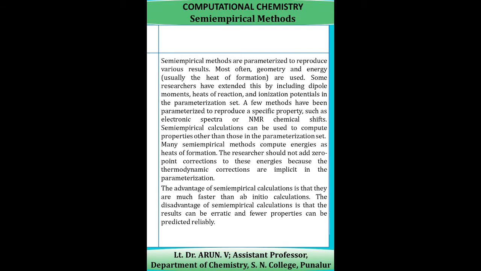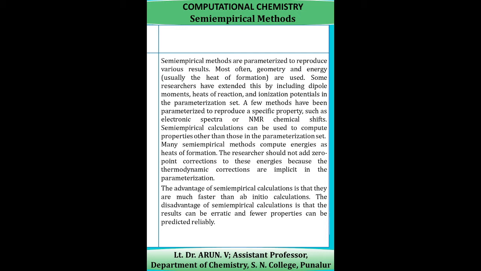Semi-empirical methods are parameterized to reproduce various results, most often geometry and energy. Some researchers have extended this by including dipole moment, heat of reaction, and ionization potential in the parameterization set. A few methods have been parameterized to reproduce specific properties such as electronic spectra and NMR chemical shift.